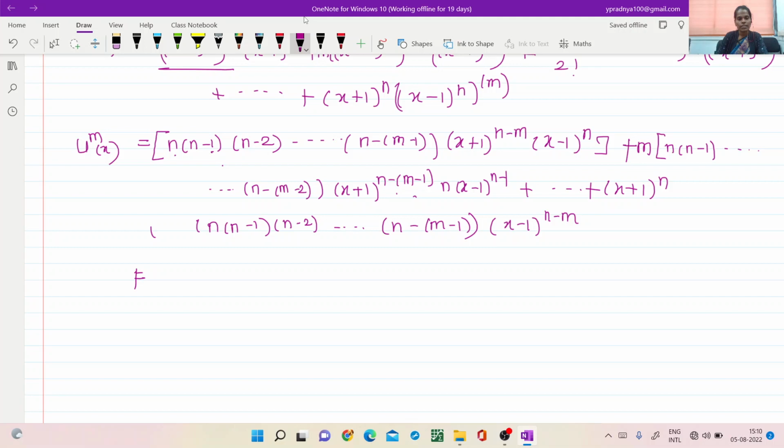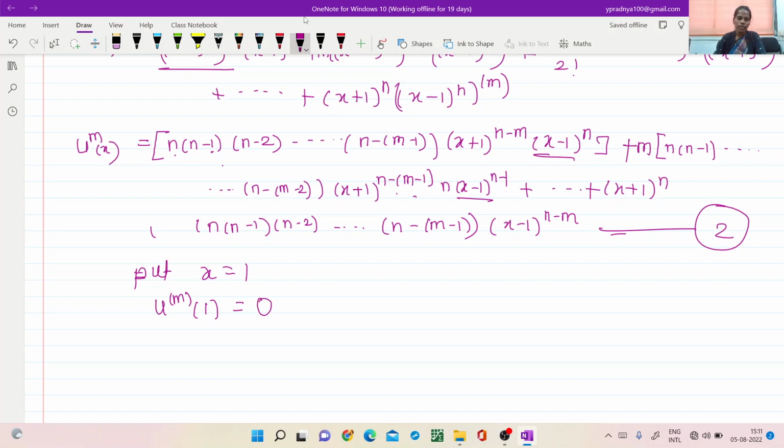If we put x equal to 1 here, then this term vanishes. In the mth derivative of u of x, in each term there is an (x minus 1) factor. So if we put x equal to 1 in equation 2, all terms vanish, and the RHS is equal to 0.